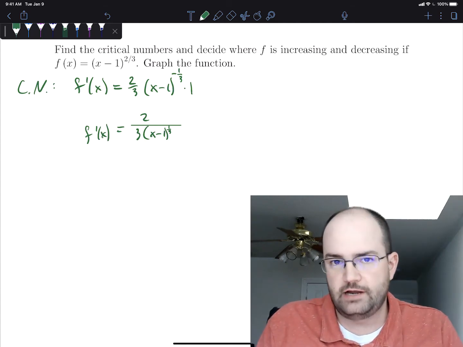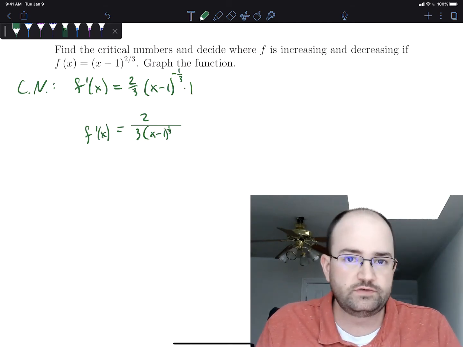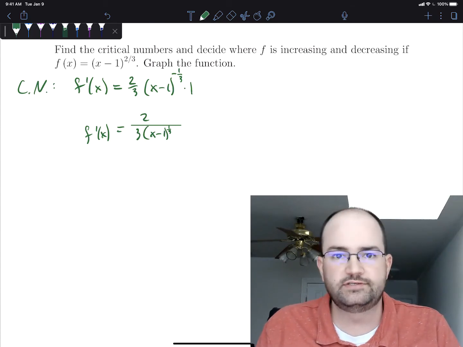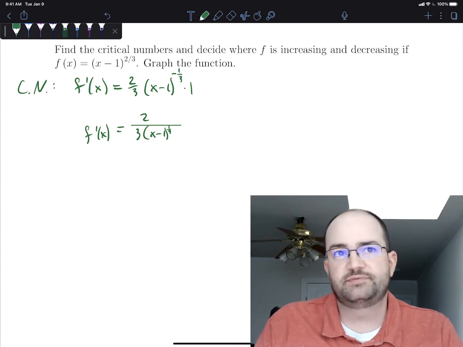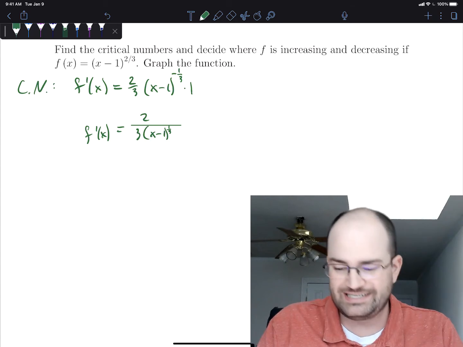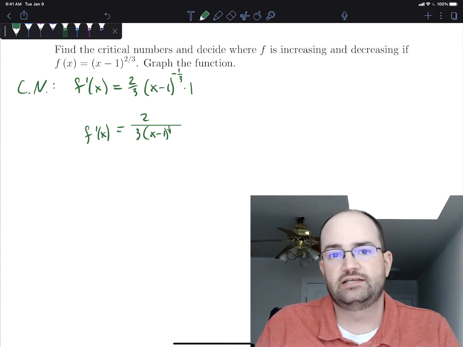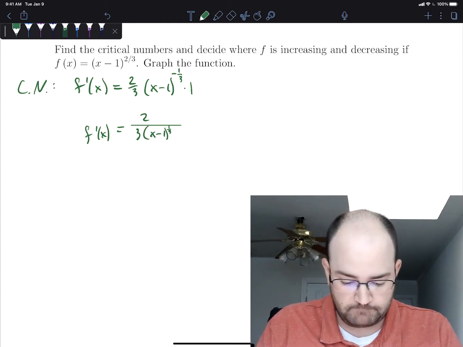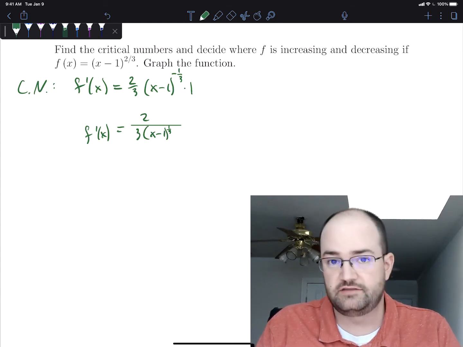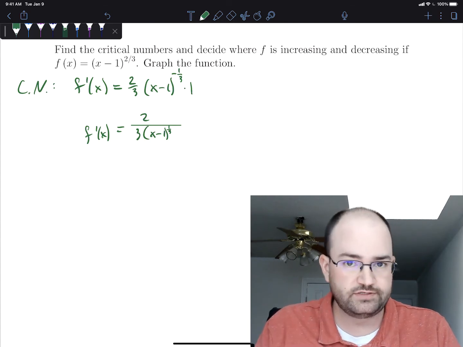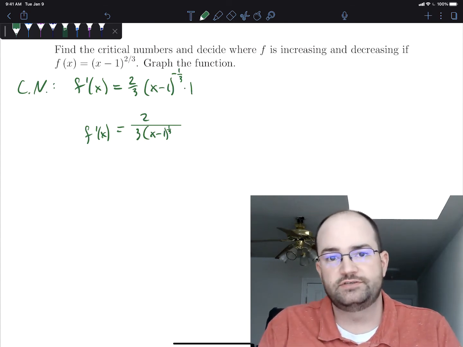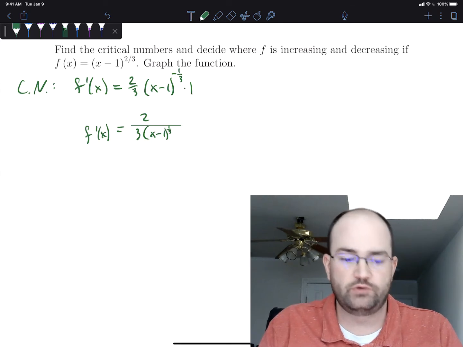When we have a fraction like this, we set the numerator equal to 0 and the denominator also equal to 0. And the reason why is because critical numbers exist wherever the derivative is equal to 0, as well as when the derivative is undefined. So we need to set the derivative equal to 0 by setting the numerator equal to 0, but also setting the denominator equal to 0 to find where it is undefined.